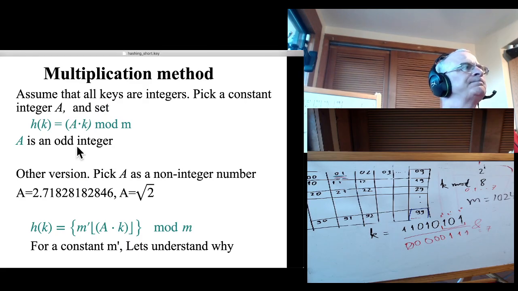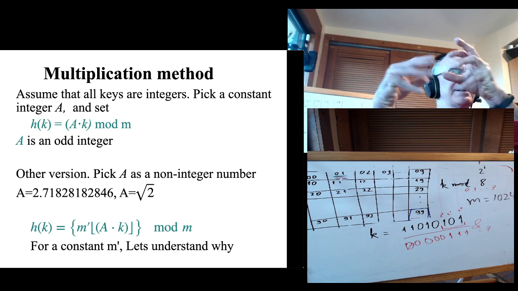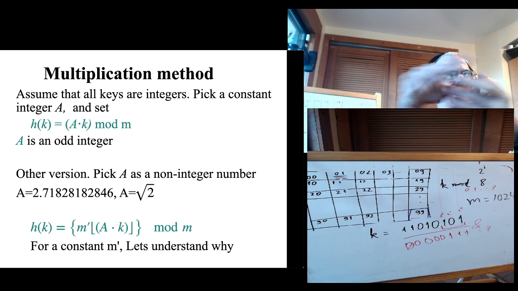Other option, use the multiplication method. What is the multiplication method? Pick a constant a, and this constant is, maybe I need to remind you here, hashing. A good hashing, you want to take the tofu, in my case, I'm vegetarian, take the tofu, mash it, cut it, scramble it.